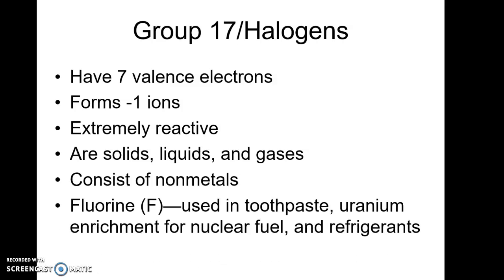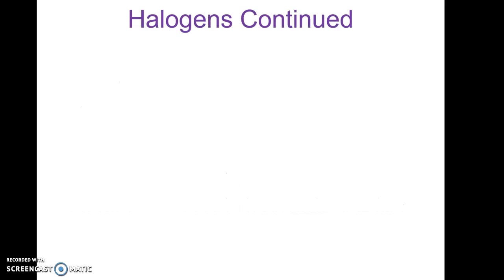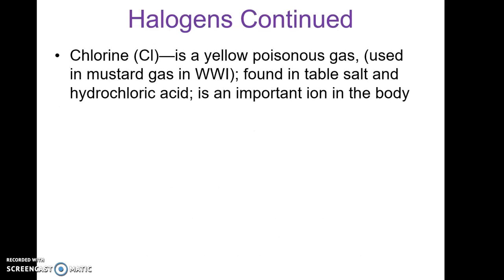The first one we're going to talk about at the top of the halogen column is fluorine, atomic symbol F. So fluoride, the ion, is used in toothpaste, actually also in uranium enrichment for nuclear fuel and in refrigerants. So chlorine, you know that you use the compound and the ion quite a bit.